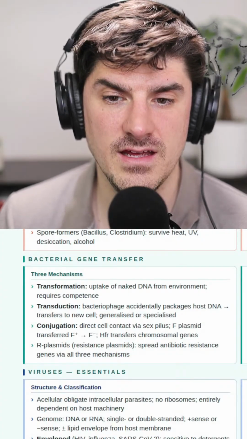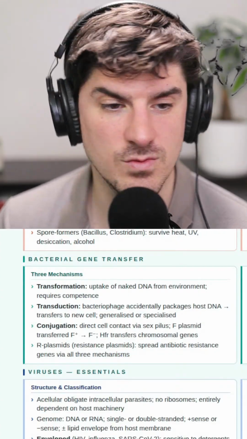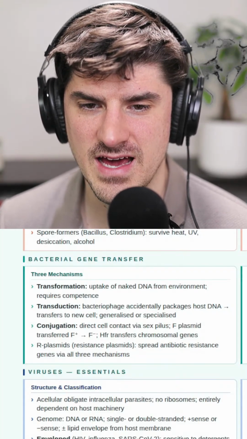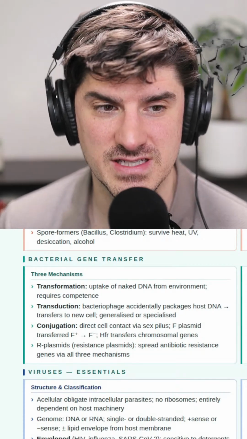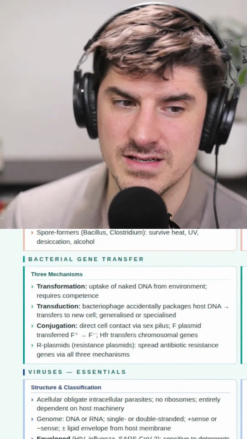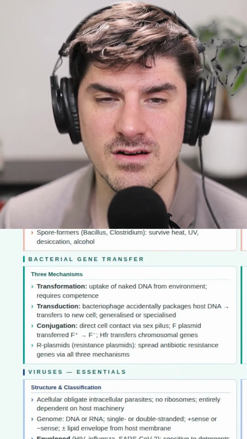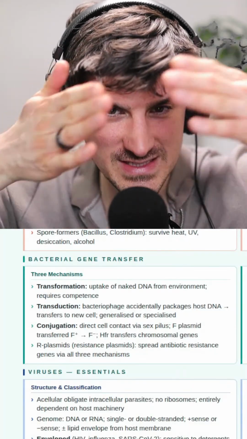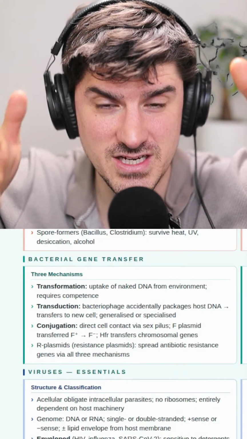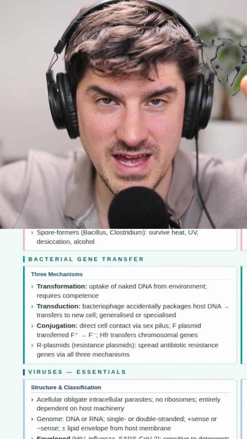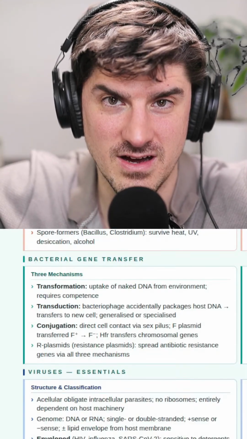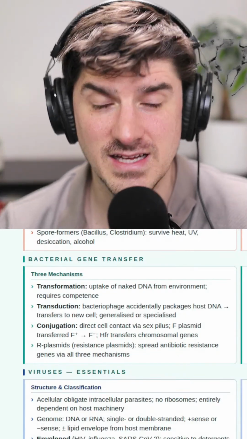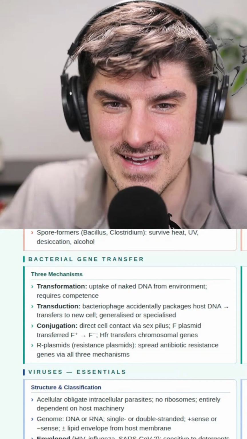Now, the conjugation where the bacteria actually connect is one of the ways that they do this. The other way, of course, is that you can have bacteriophage viruses, which are really interesting because bacteriophage viruses appear to be trying to hurt the bacteria, but in their attempts to splice their way into the genome of the host bacteria, when they end up trying to get out of the genome to make offspring viruses, they actually carry some of the genetic material with them, and they can then accidentally give the genetics from their previous host into their next victim.